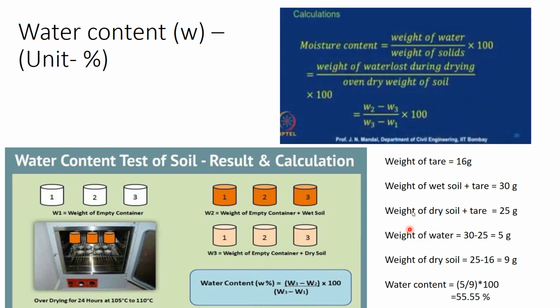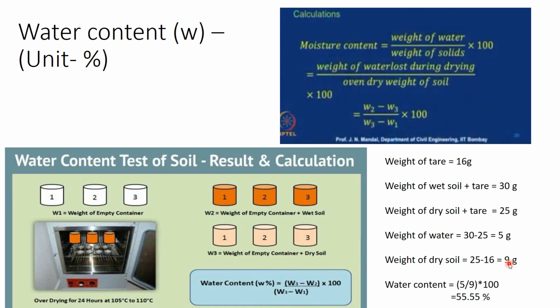Now calculate the weight of the water. So 30 minus 25, wet soil weight plus tare minus dry soil weight plus tare, these two weights if you subtract, we will know how much water is present in the soil. Simple calculation. Then you find out the dry soil weight: if you subtract the tare weight from this 25 grams, 25 minus 16, that is the dry soil weight, or we call it dry solids, which is 9 grams.